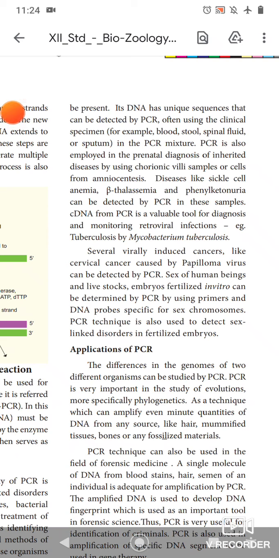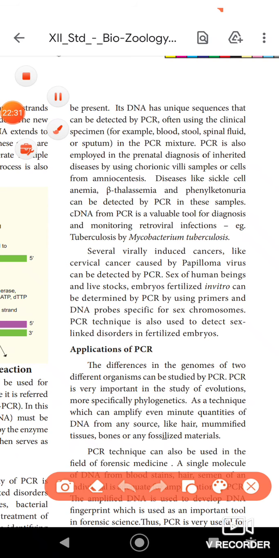Now, what samples can be tested with PCR? Blood sample, stool, spinal fluid, sputum, the pathogens in these we can easily detect with the help of the PCR. And also important inherited diseases like sickle cell anemia, beta thalassemia, phenylketonuria, these kinds of genetical diseases we can easily detect with the PCR technique.